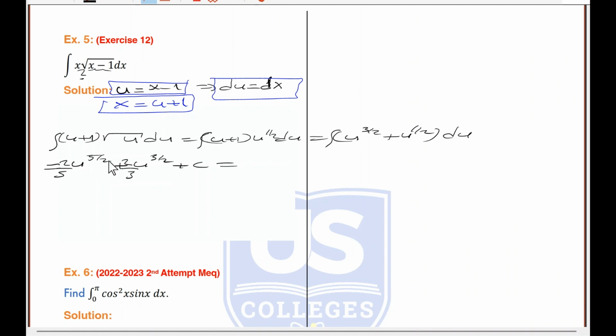Now I can simplify this more by converting it into a radical. So power 5 over 2 means we have u squared, square root of u, plus 2 over 3, u square root of u, plus... I'm not explaining converting rational exponents to radicals because we have been doing this for a long time, especially in chapter 3, section 2.